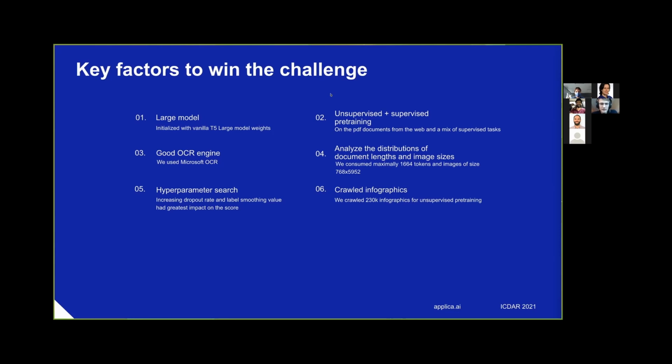And the last thing we did, we crawled many infographics, about 230,000. We added them for an unsupervised pre-training that was focused only on the infographics, and it also helped about 4 points in the end.